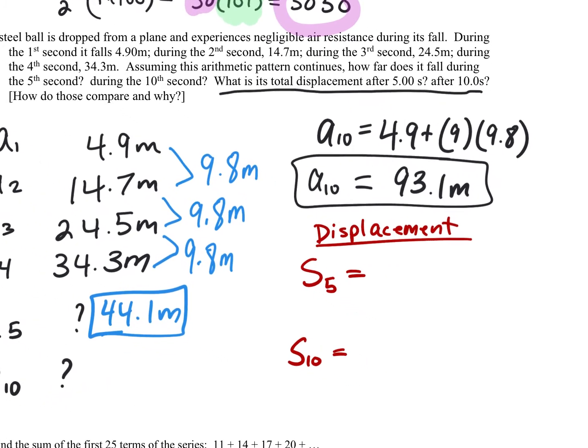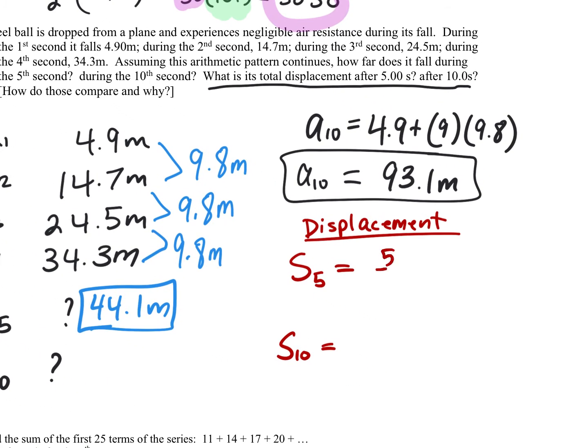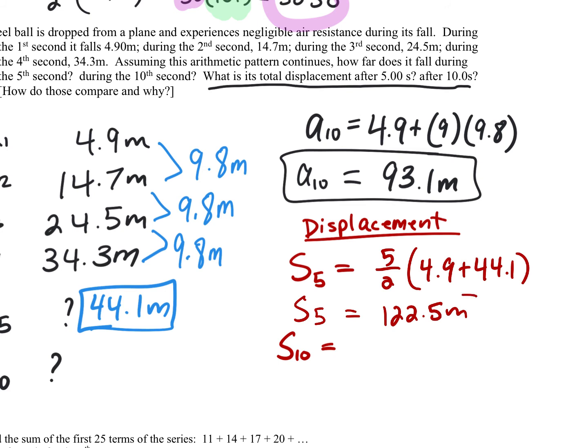S of 5 will be the number of terms divided by 2 times the first term plus the last term, which we found to be 44.1. That's the same formula we just saw. S of 5 will equal 122.5 meters. What that means is that after 5 seconds, this steel ball has fallen a total of 122.5 meters.